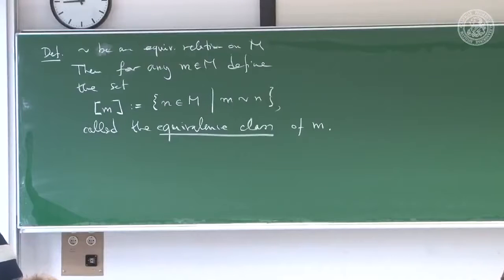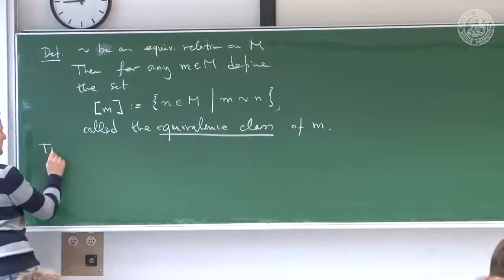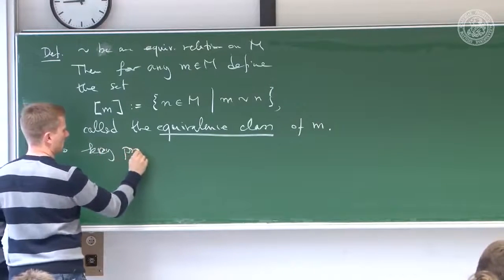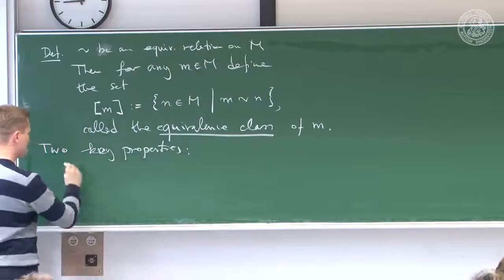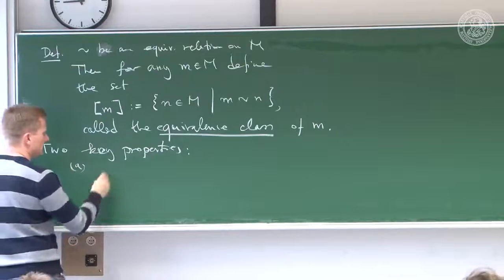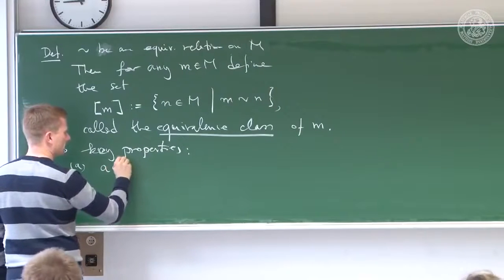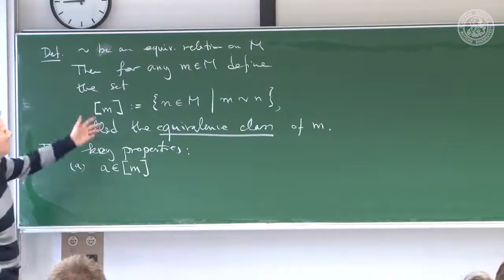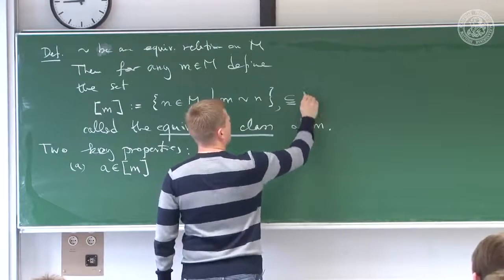Now, for these equivalence classes, there are two key properties. The first property is that if you take an element A from such an equivalence class, which is a set, it's obviously a subset of the entire set.